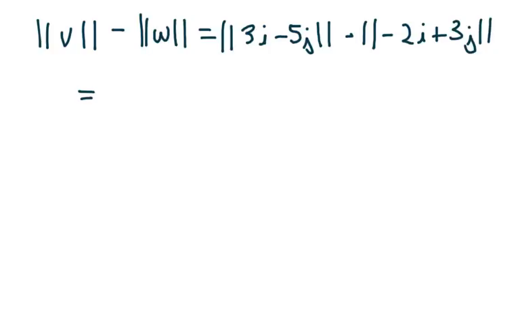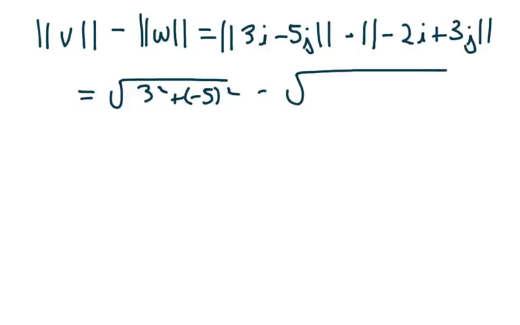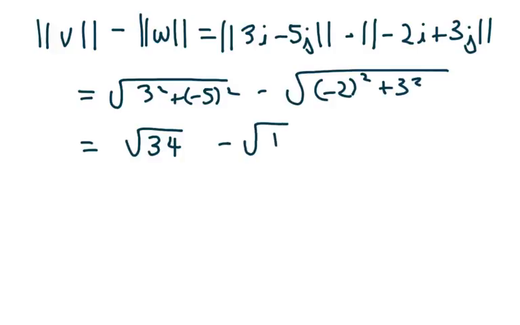So this all equals the square root of 3 squared plus negative 5 squared minus the square root of negative 2 squared plus 3 squared. And this is going to yield the square root of 34 minus the square root of 13.